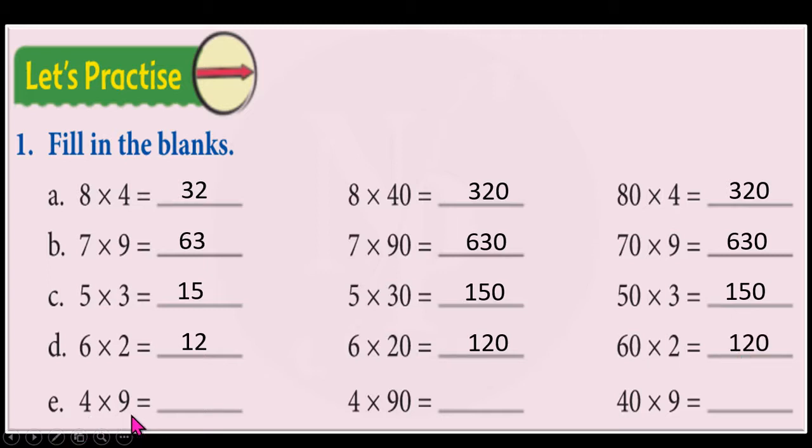E. 4 into 9. 4 9s are 36 and 4 into 90 is 360 and 40 into 9 is also 360. So this is how we can write down the answers easily if we know the products of such numbers. Products of multiples of tens, hundreds and thousands and so on will be very easy if you know the products of the digits like this.